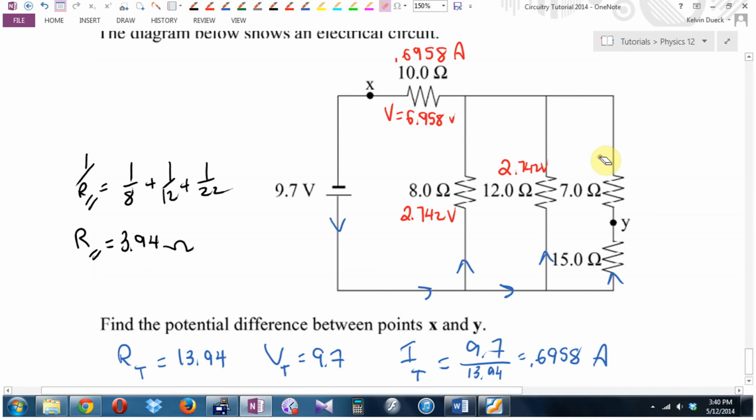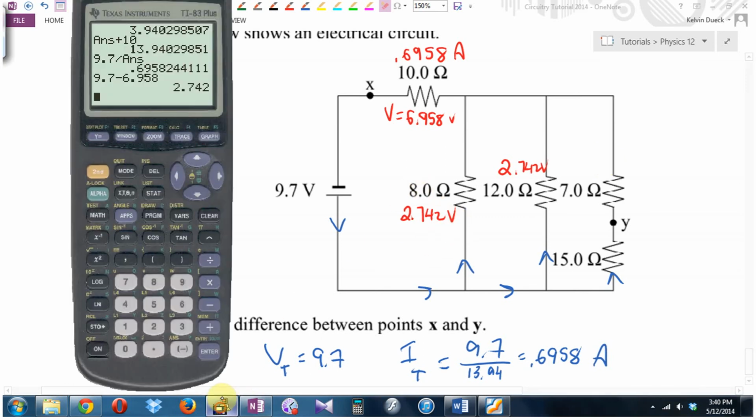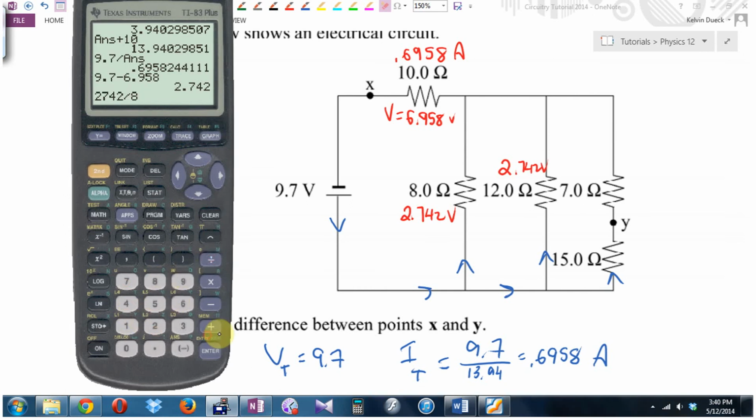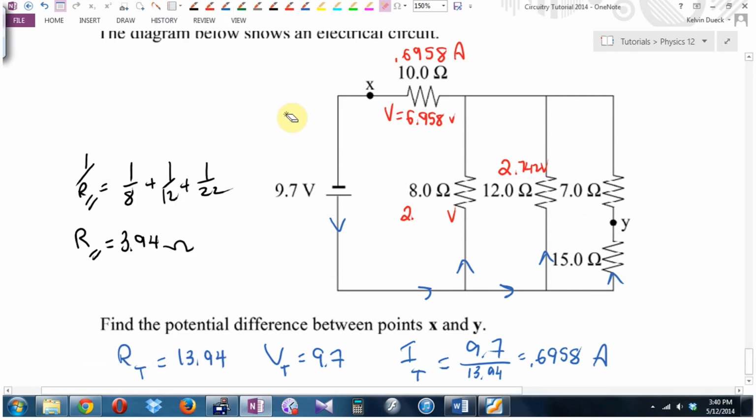Oh, I can also do current. Current is V over R. 2.742 divided by 8. How about I put a decimal in there? 0.343 amps.